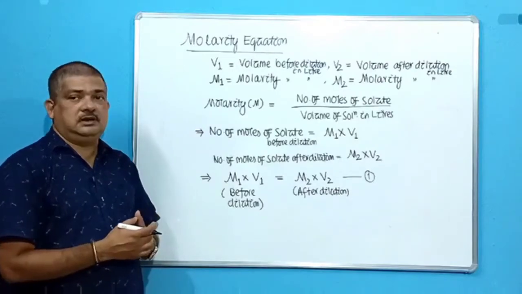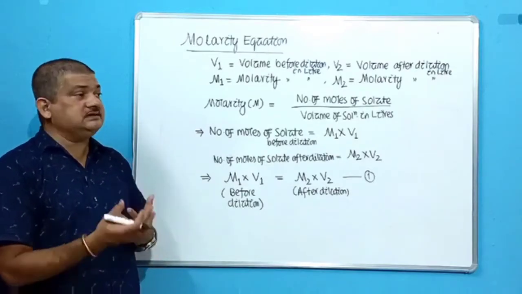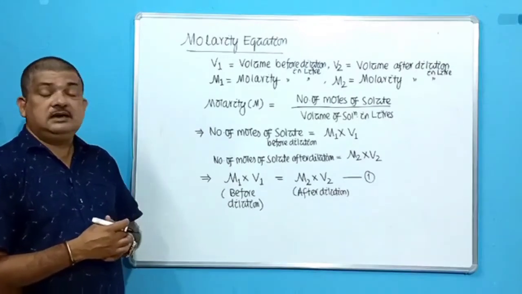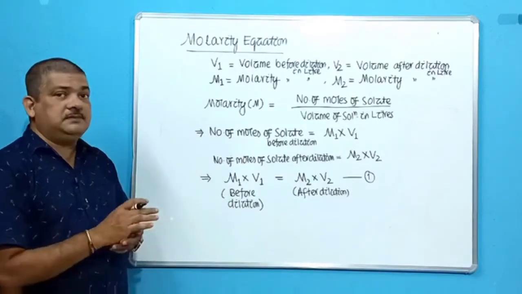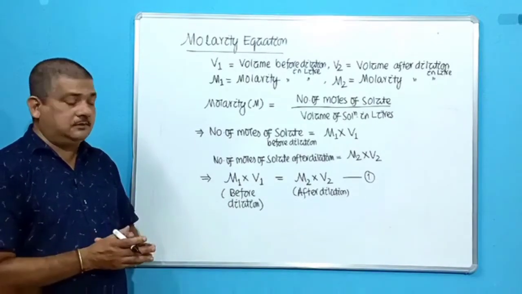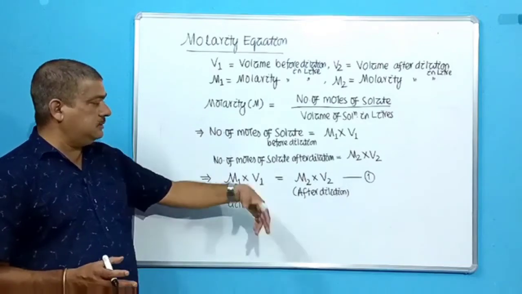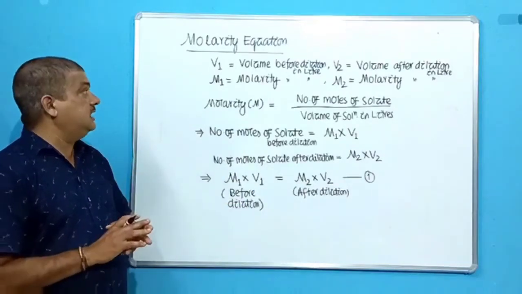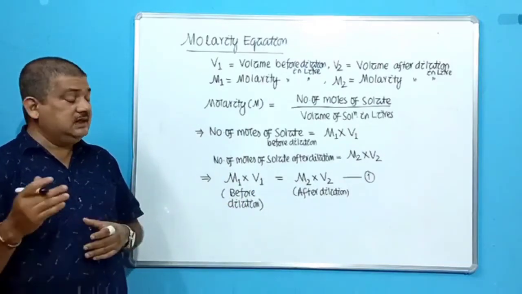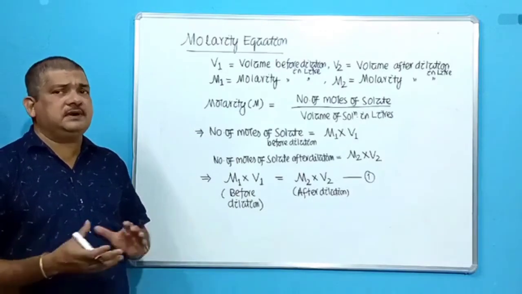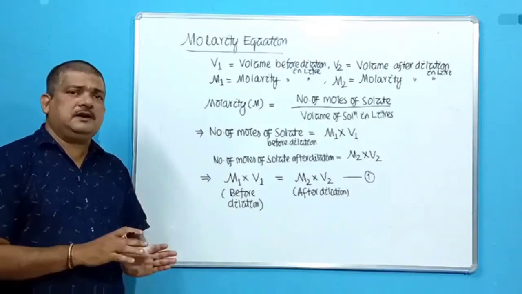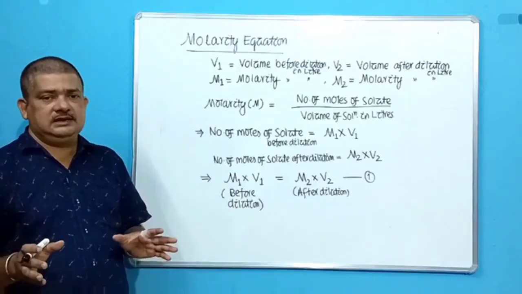So using this equation we can solve numerous numericals. You have to remember that whenever you are given three values, you can find the fourth one. So M1 into V1 will be equal to M2 into V2. This is called the molarity equation. Next, suppose we are mixing two or three different solutions of different volumes and different molarity.